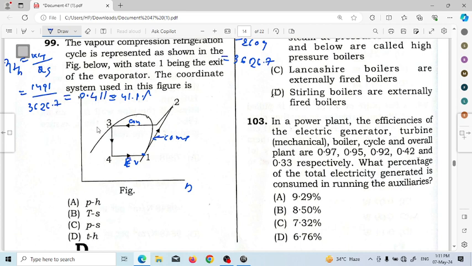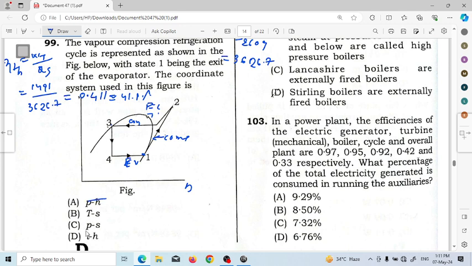So this cannot be pressure. 4-1 and 2-3 remain at constant pressure, and also the temperature remains constant. As 3 and 2 are at different temperatures, we have to choose T-H.